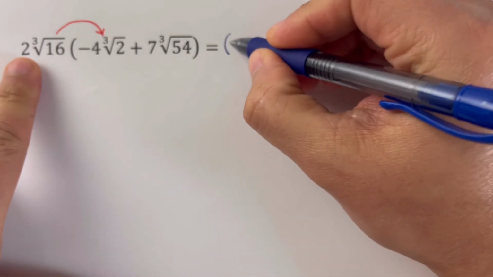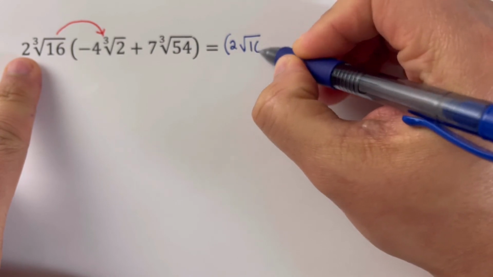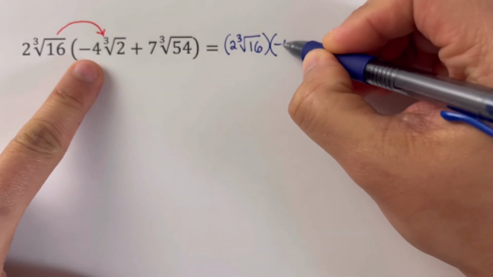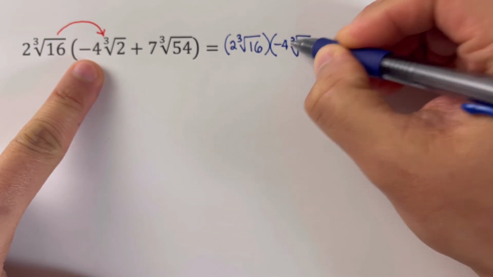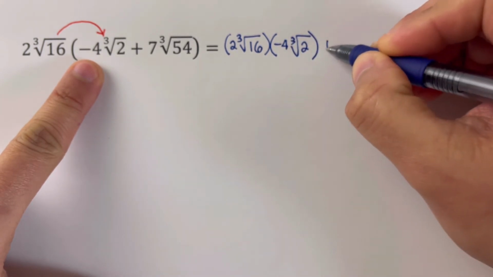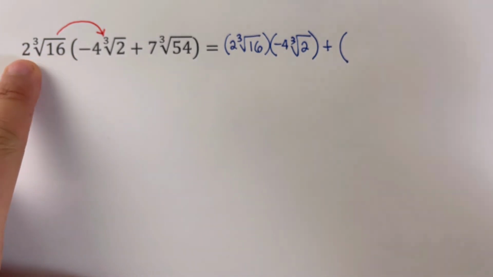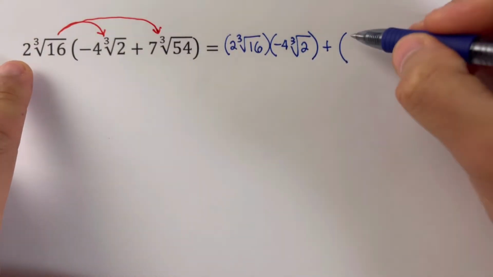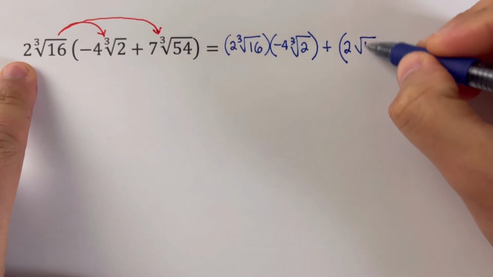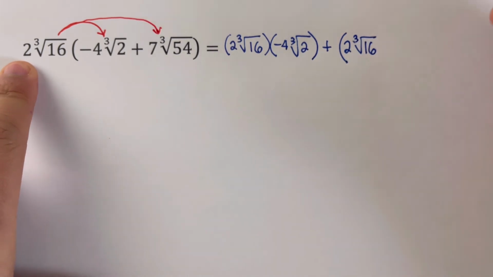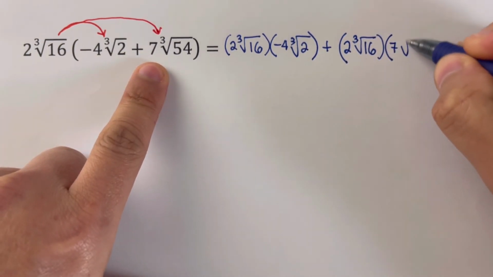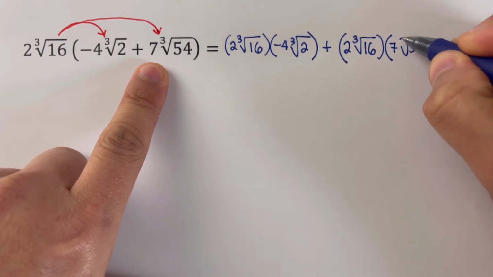So that would be 2 cube root of 16. And then that is times negative 4 cube root of 2, and then that's a plus. Then we distribute this one again to the other term. So this would come out 2, and then cube root of 16, and then that's going to be times 7 cube root of 54.